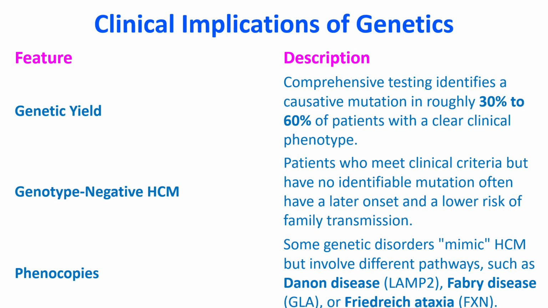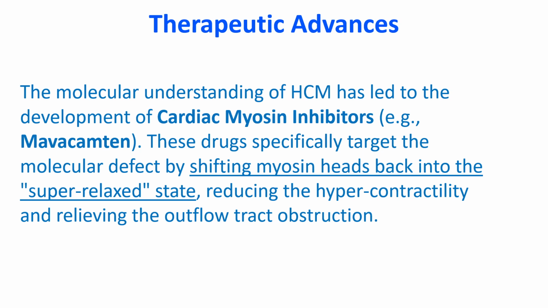Some genetic disorders mimic HCM but involve different pathways, such as Danon disease, LAMP2, Fabry's disease, GLA, Friedreich's ataxia, FXN. The molecular understanding of HCM has led to the development of cardiac myosin inhibitors like mavacamten. These drugs specifically target the molecular defect by shifting myosin heads back into the super relaxed state, reducing the hypercontractility and relieving the outflow obstruction.